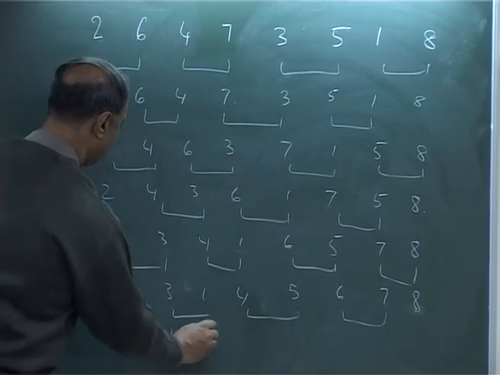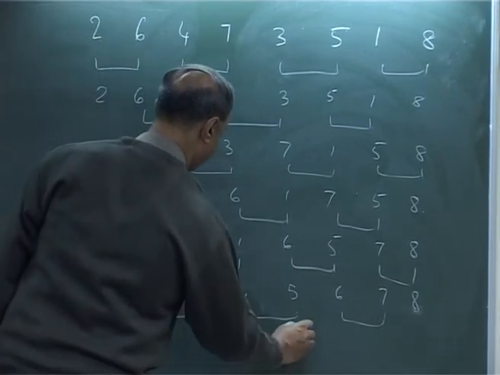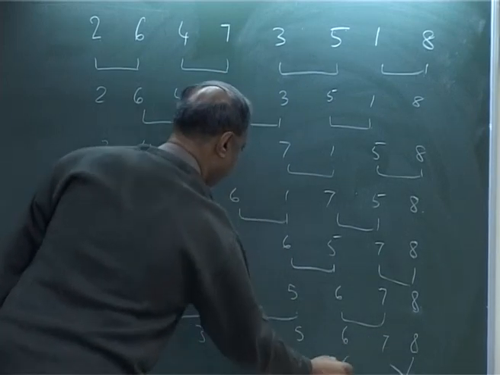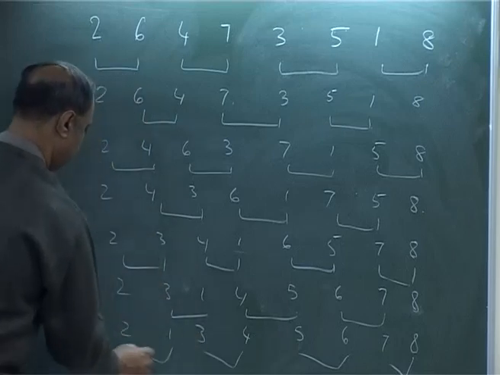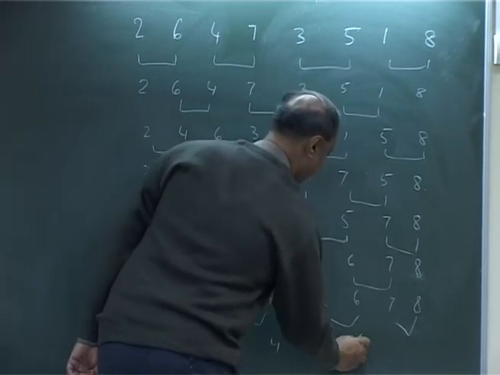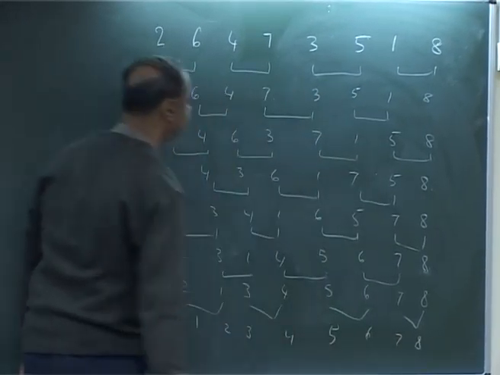You get 2, 1, 3, 4, 5, 6, 7, 8. You get 1, 2, 3, 4, 5, 6, 7, 8.